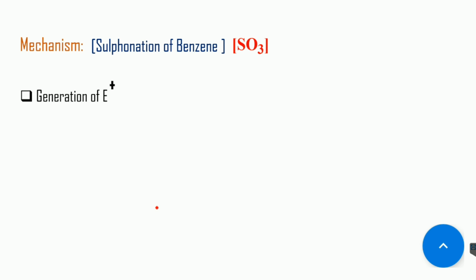In this step we are taking 2 moles of concentrated H2SO4, so that the dissociation happens between these 2 moles, 1 mole of H2SO4 and another 1 mole of H2SO4, instead of a single one.